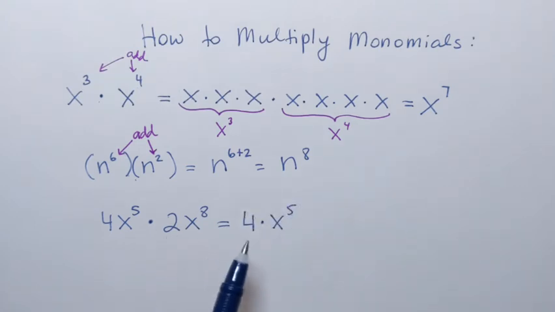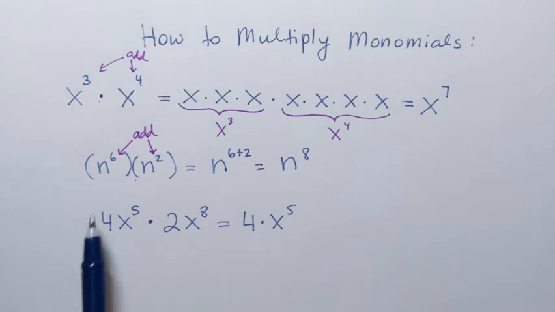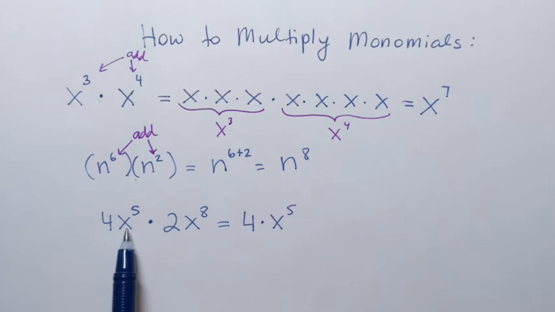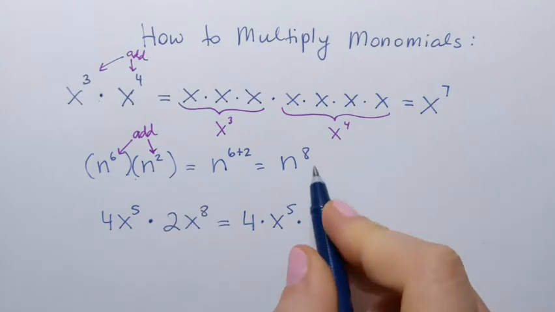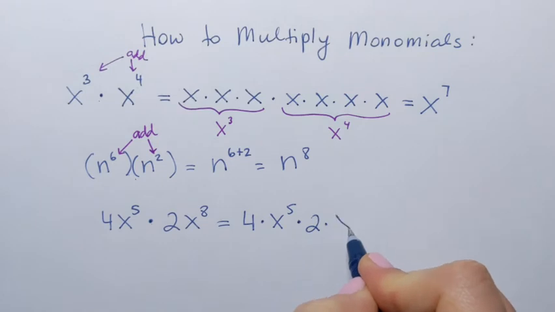By the way, we're not going to do it every time. Again, we're using this example to understand the rule. We'll do it quicker next time. So 4 times x to the fifth power times, and now the second monomial, 2x to the eighth power, I will write the same way. It's the same as 2 times x to the eighth power.